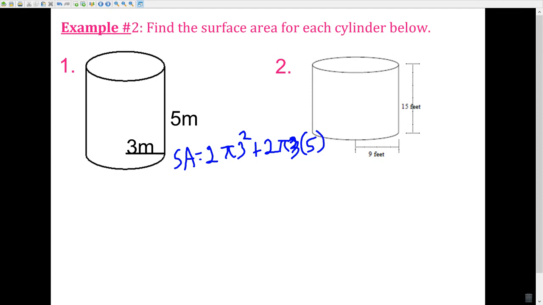And that's all you're really doing. Now you're just punching in a calculator. But watch me as I do this next part so you can get the most accurate answer.